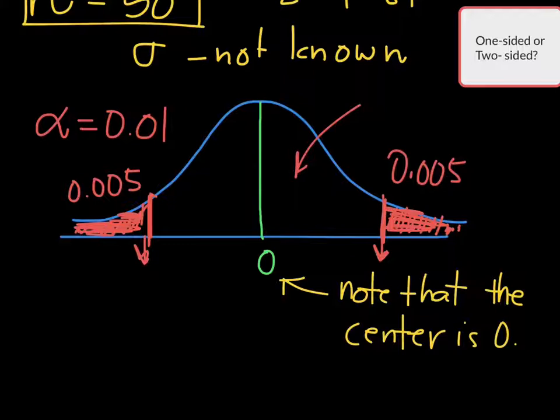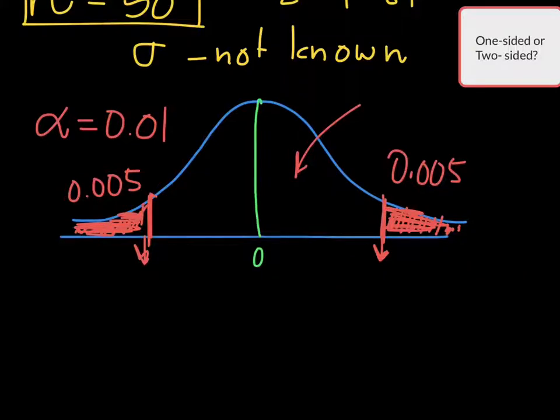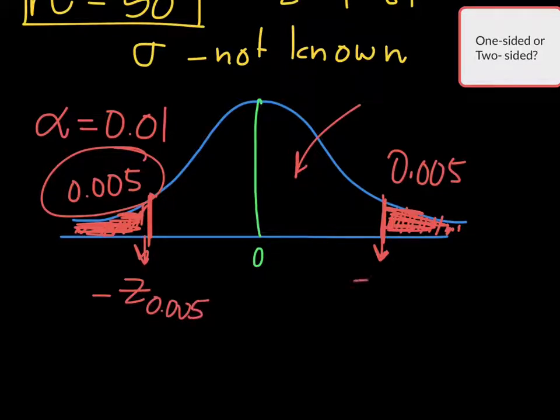In my previous diagram, these are denoted as either z of alpha over 2, or z of alpha, or t of alpha over 2, or t of alpha. Since we already know that this is a z-test, this will be a z value. This is the negative z of 0.005, and then the z on the right side is the positive of that number, z of 0.005.